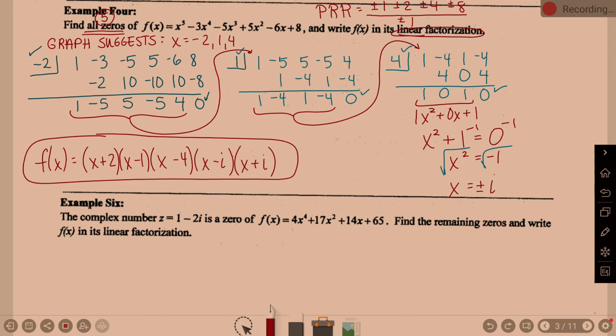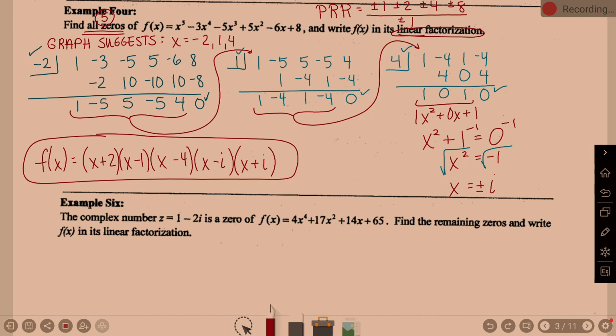Okay, questions there? Okay. We were supposed to be done with this lesson today. I think this is catching up with me yesterday for not getting started right away, but it's all right. Okay, so obviously we will be finishing example 6 tomorrow, and yes, we will be going through it because it is a big deal. There is a new piece there. So if you just start reading example 6 right there, notice it says the complex number z equals 1 minus 2i is a zero of this given function.